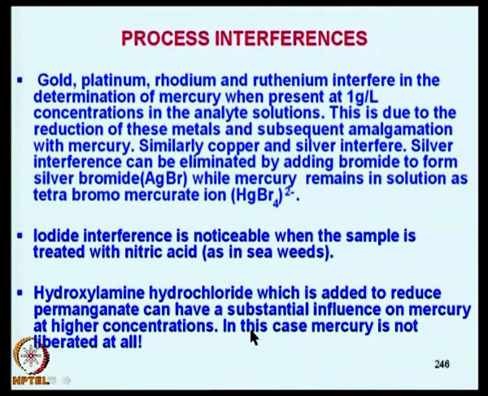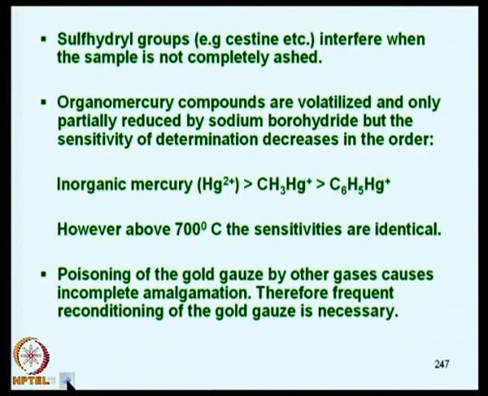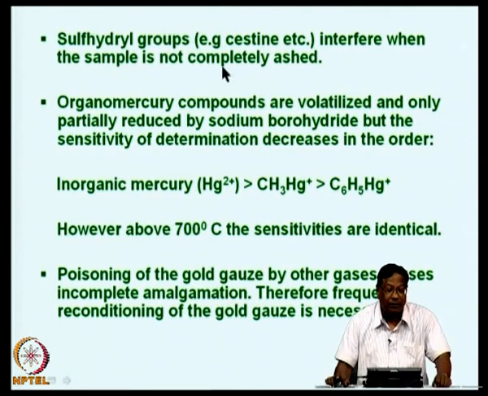In this case, mercury is not detected at all. So, we will have to be careful regarding the chemicals present in the process matrix. Similarly, if you take a look at sulfhydryl groups present in the sample, they also interfere when the sample is not completely ashed.